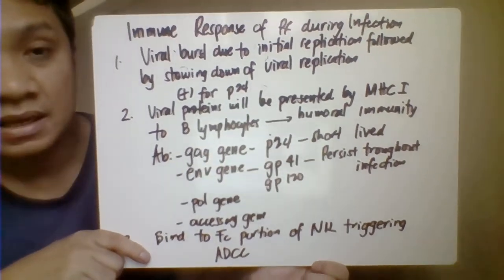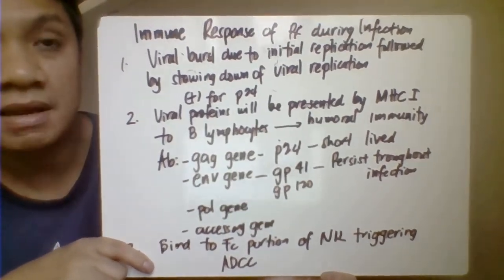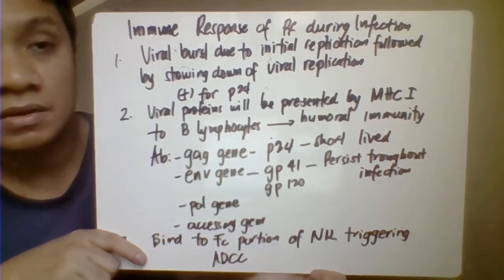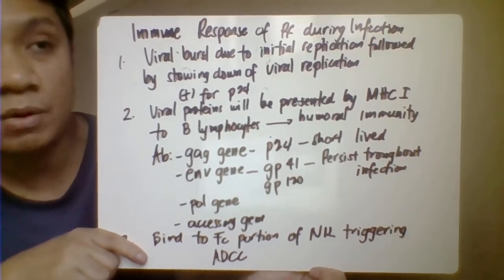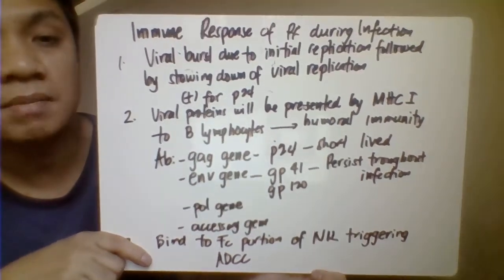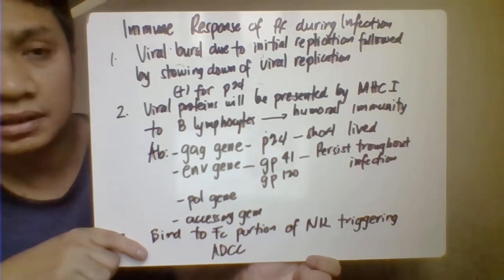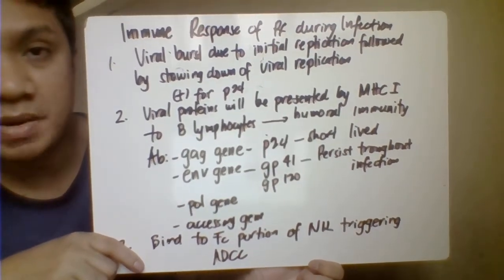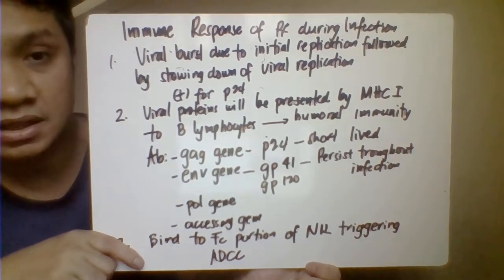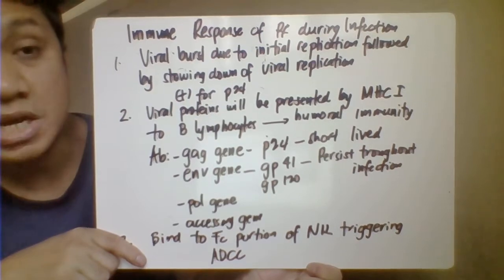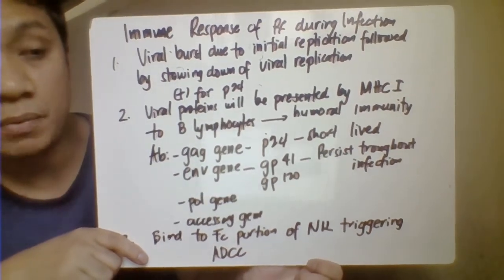Then next, the body tries to produce an antibody directed towards your envelope genes, yung mga glycoproteins natin, GP120, GP41. So, pinaka-ideal marker for that is your GP41 because that marker would eventually persist for a longer period of time if you have your HIV infection. Then you also produce antibody directed towards your polymerase gene, and we also have your accessory proteins.